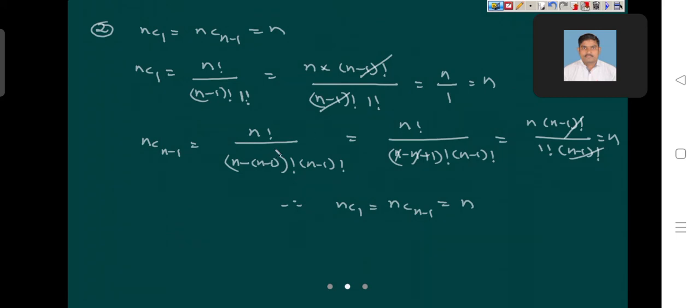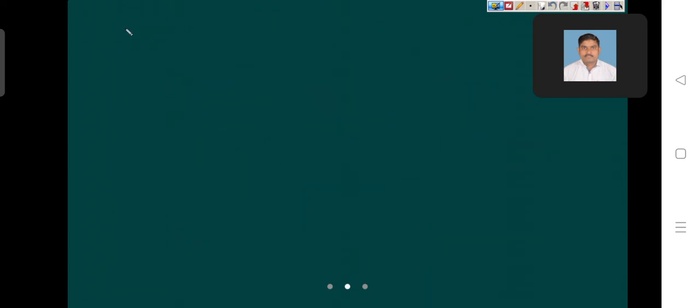And the next one, the third property, is nCr is equal to nC(n minus r). So how can I say that? I will conclude here. I will take nC(n minus r). According to the formula, I can write n factorial by (n minus (n minus r)) factorial into (n minus r) factorial.